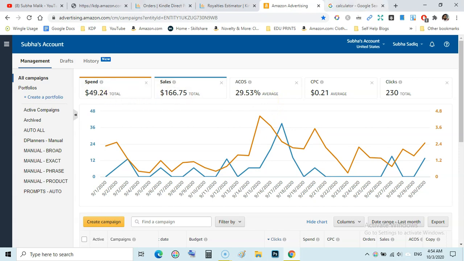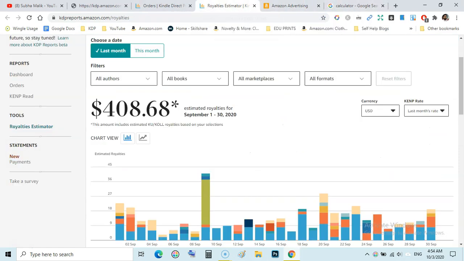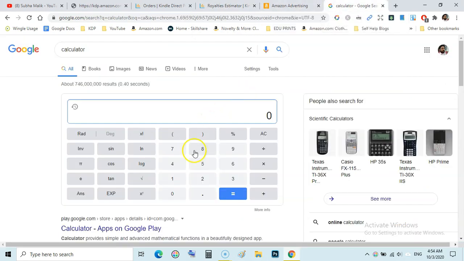So let's check out our net profit. $408.68 minus the advertising cost $49.24, that is $359.42.